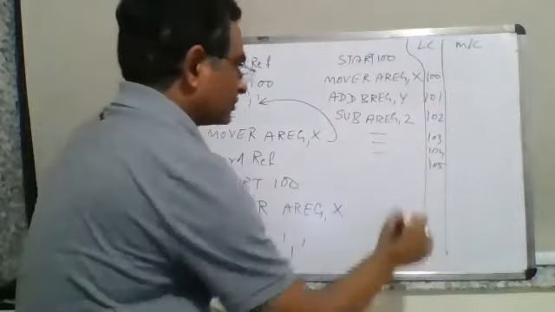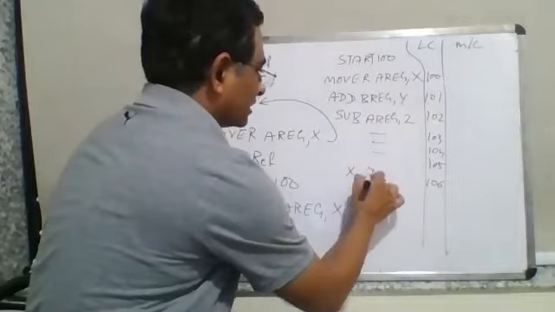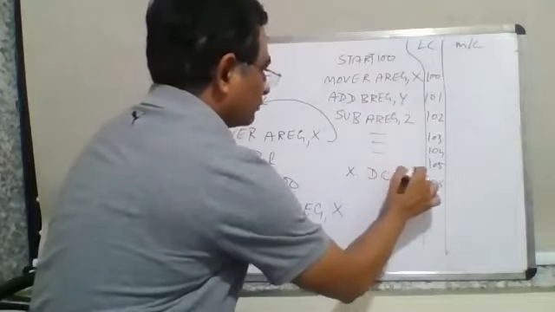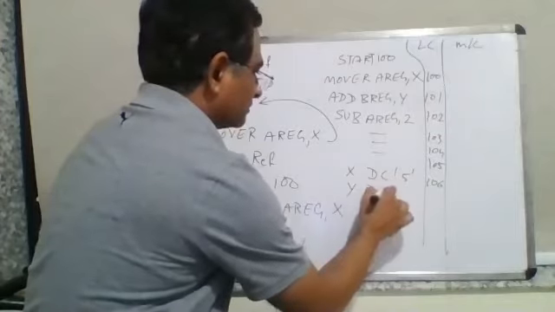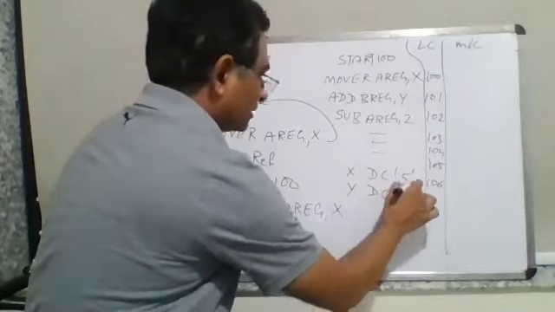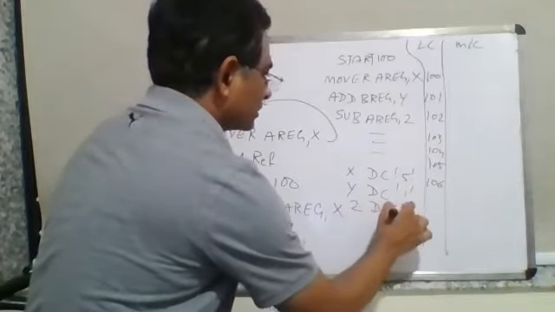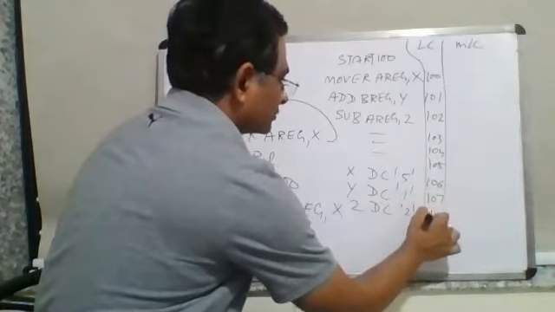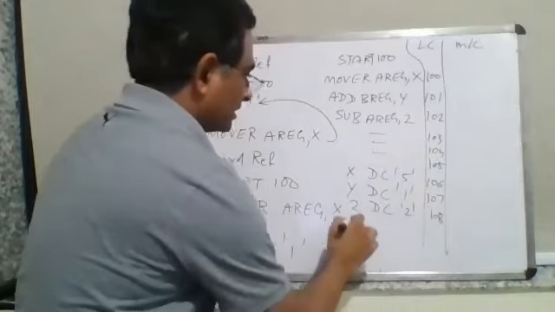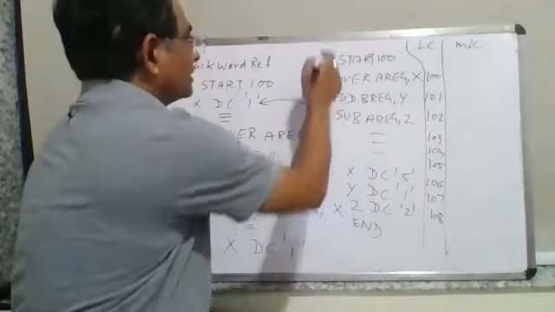And 106 somewhere, I'm saying that X is declared with value 5, then Y is declared somewhere with the constant value of 1, and Z is somewhere coming up with DC as 2, right? So the values are present at 106, 107, and 108. And then there is the end statement.